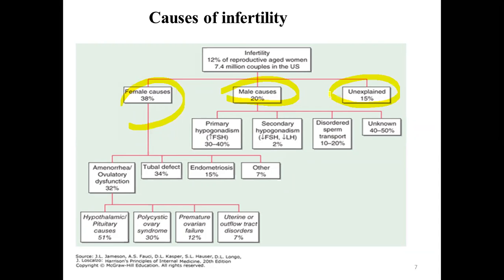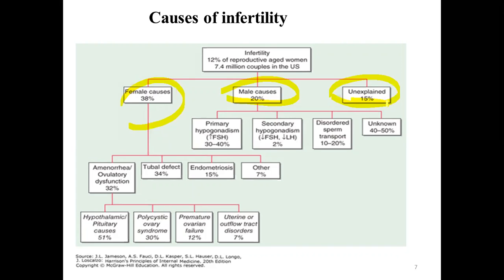All the parameters, like the gonads and the hormones, are actually normal, but they are not able to conceive. So no one knows what really causes it. We call it unexplained infertility.